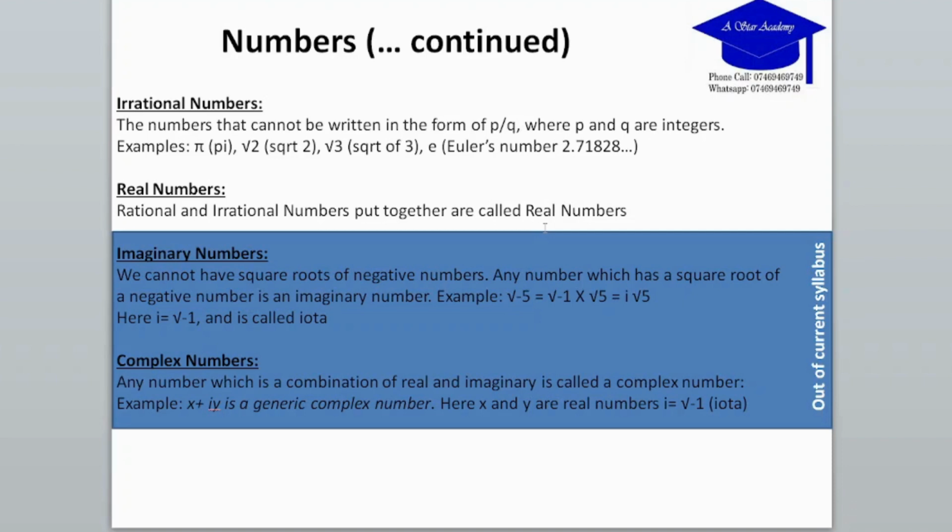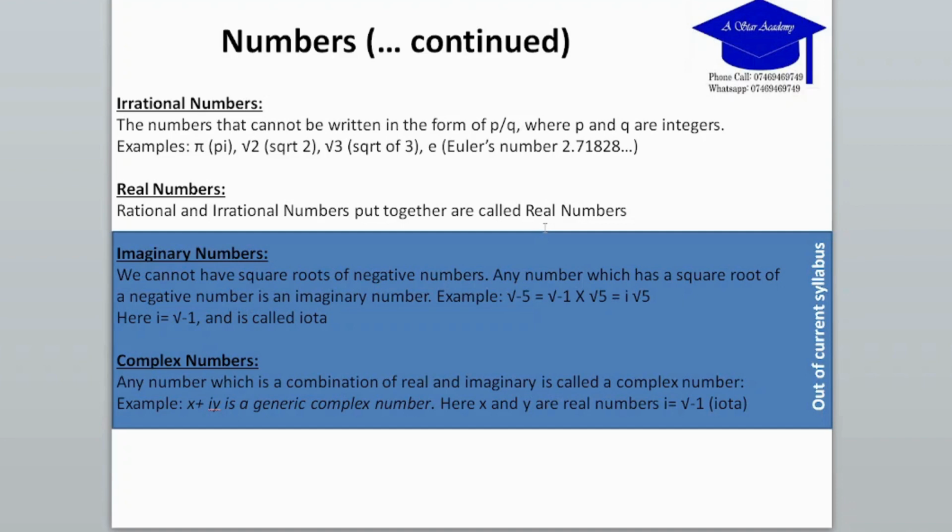And what are complex numbers? Any combination of real and imaginary numbers is called a complex number, because they are not really something which exists in real life, where we count things. So x plus iy is a generic complex number where x and y are real.